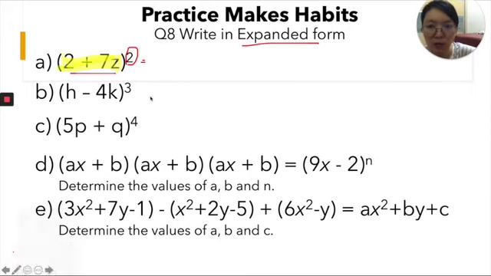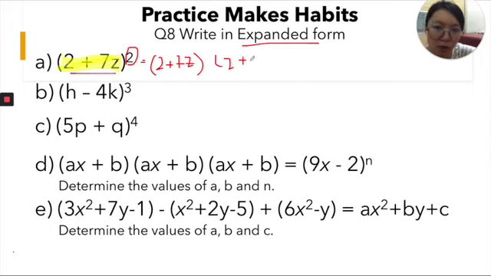So I understood already. It is 2 plus 7z in the bracket, repeating 2 times. So the same thing repeating for 2 times. So 1 time, 2 times. So this is the answer.